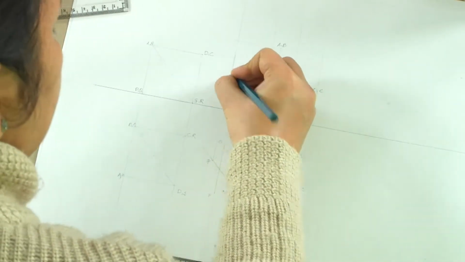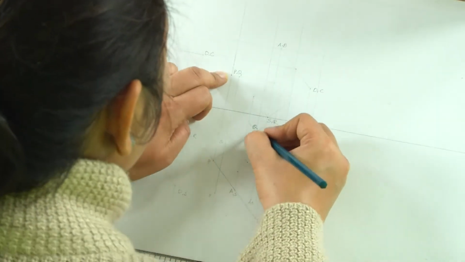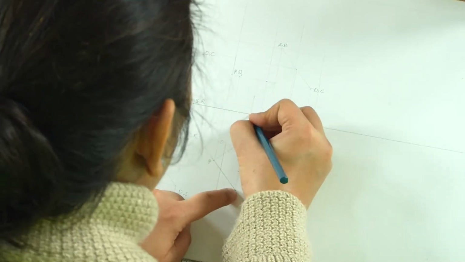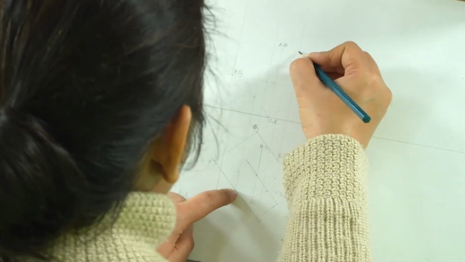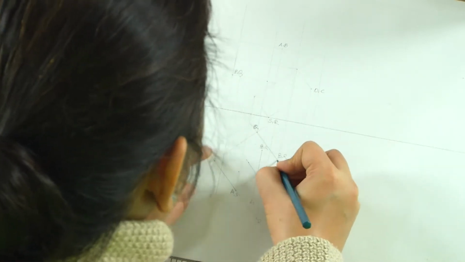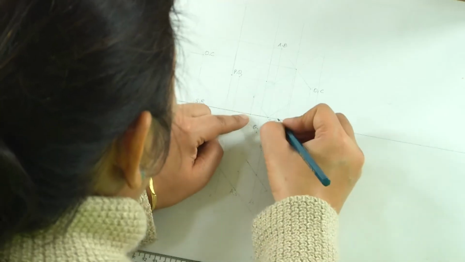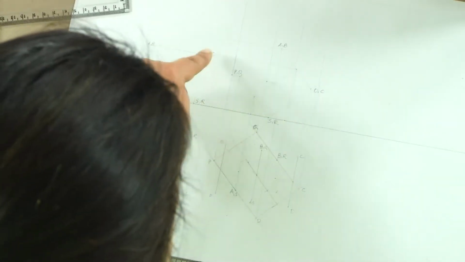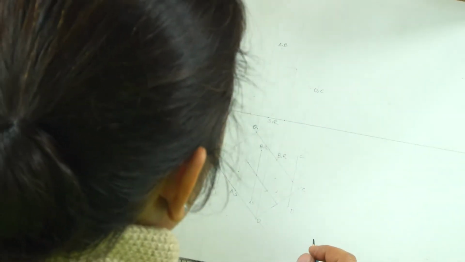So, we have the P here, the Q, the S, and then the R comes here. That's what the PQRS is.